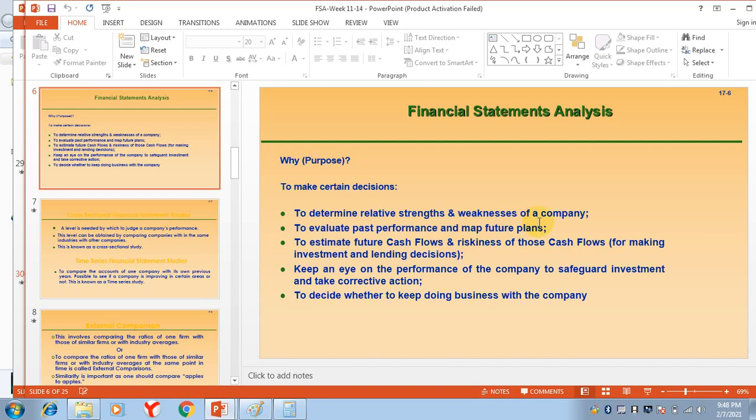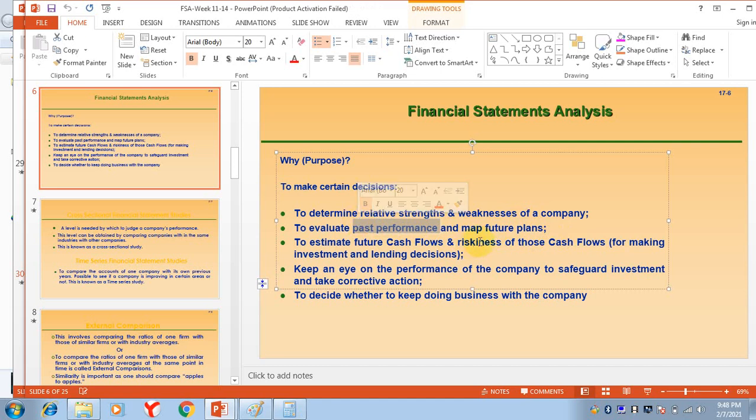What will be our future plans? Keep in mind, whenever you are making a budget, the budget is made on the base of past performance. You will see the past, and on the base of that past you will make the future budgets, future plans.